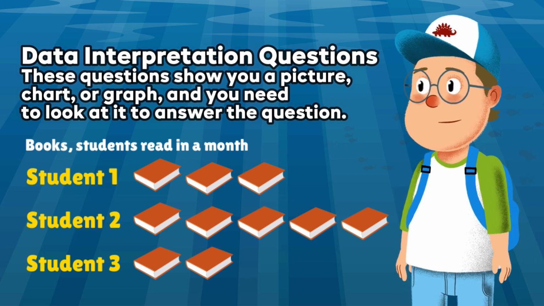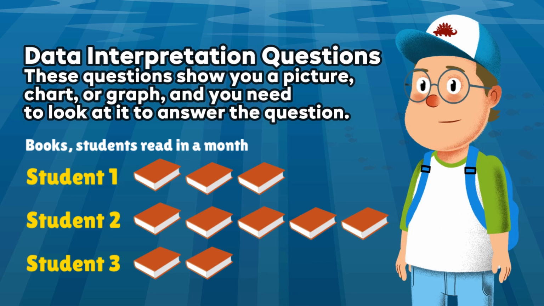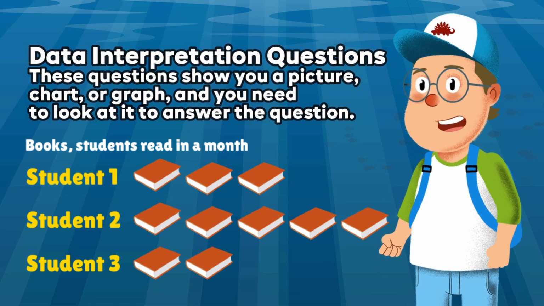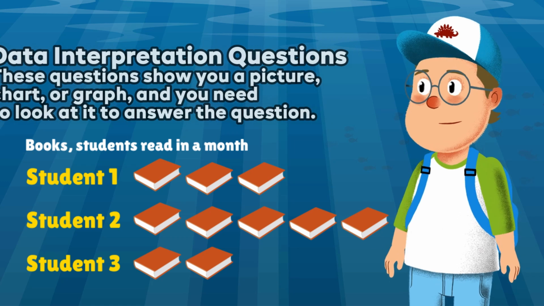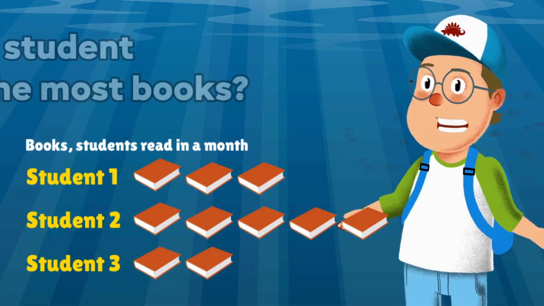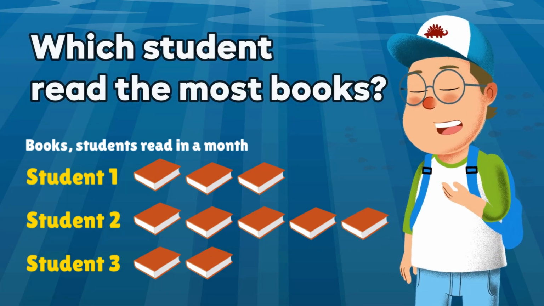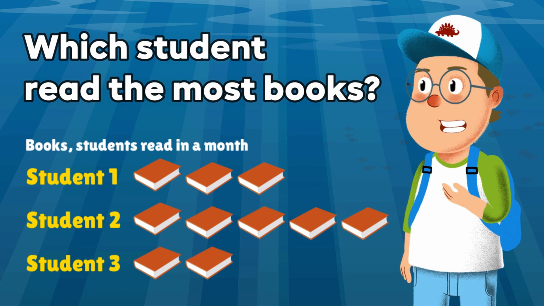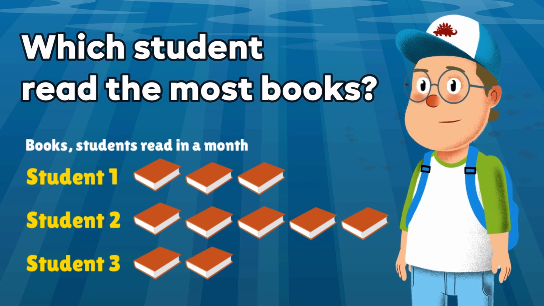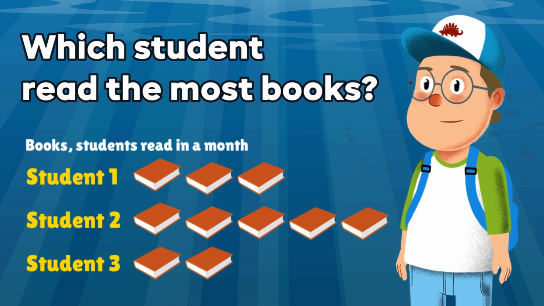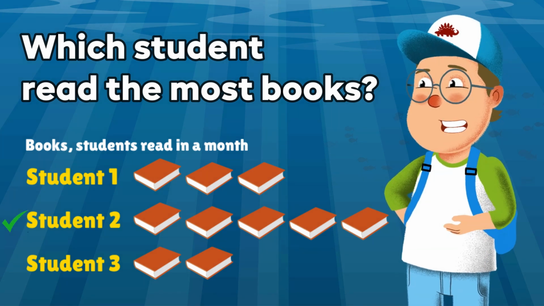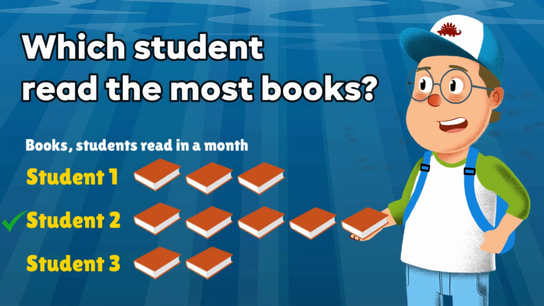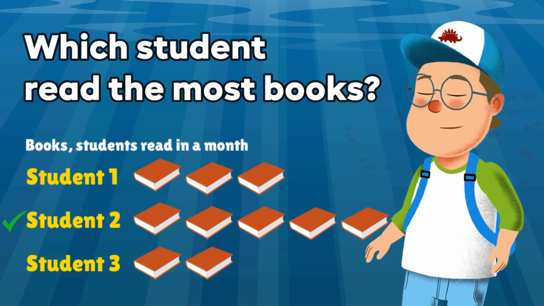Student 1, 3 books. Student 2, 5 books. Student 3, 2 books. Then the question could be, which student read the most books? The answer is student 2 because they read 5 books.